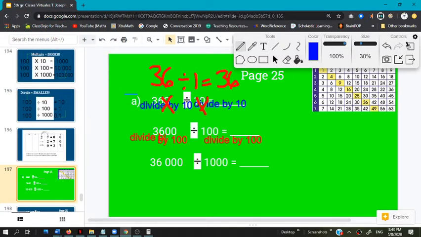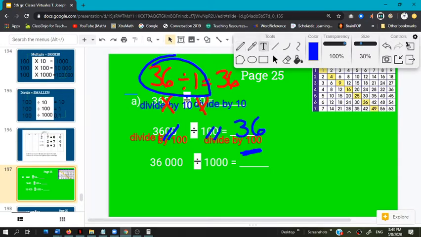I get rid of this one and I get rid of this one because I'm dividing by 100. 100 divided by itself is just 1. And then we're going to get rid of this one and this one. So again, we're doing 36 divided by 1, which is just 36.